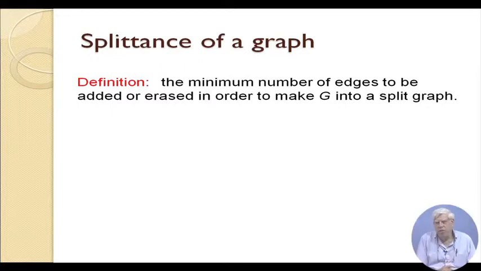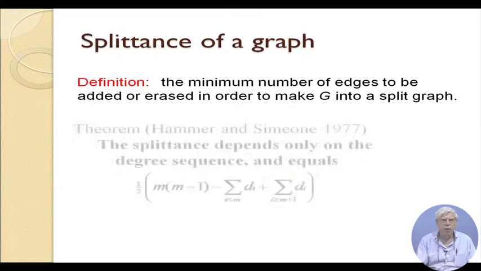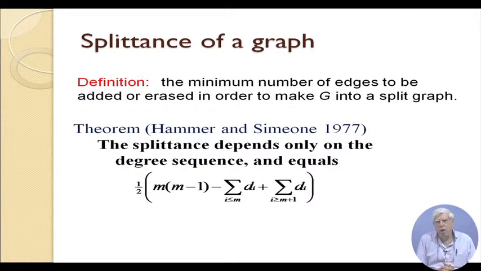They went on to define the splittance of a graph, any general graph, which would be the minimum number of edges that need to be added or erased in order to make G into a split graph. It's a kind of graph editing problem. And their theorem, of Hammer and Simeone, who was also a doctoral student of Peter Hammer, is that the splittance depends only on the degree sequence.